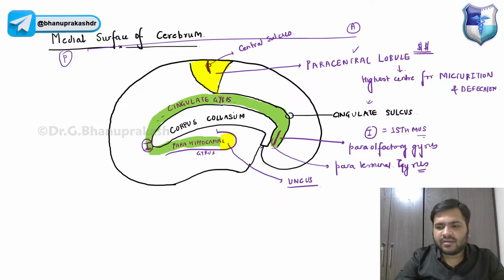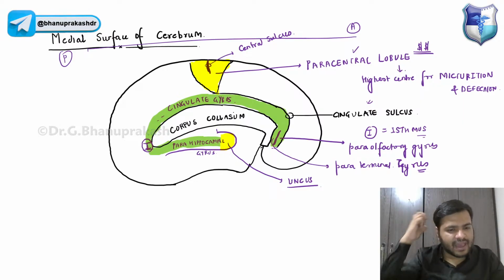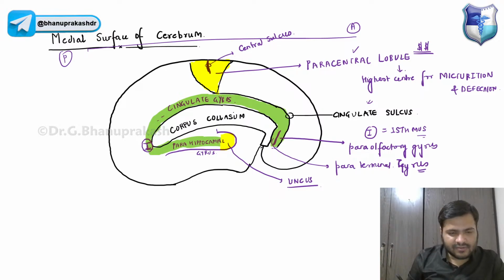That is about this, guys. Now we have the calcarine sulcus. Remember, this is a deep sulcus over here, basically having two parts, the anterior and the posterior part. This is the calcarine sulcus, guys.